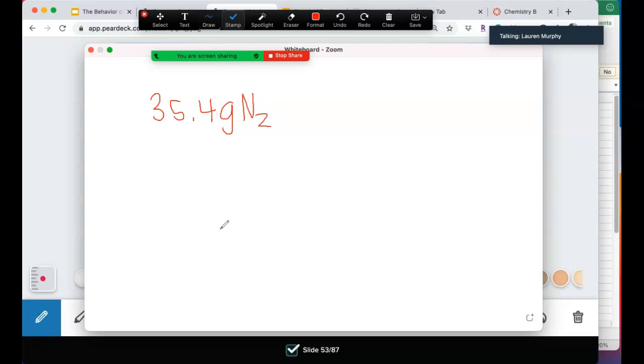Remember, it's a diatomic. And you go look on the periodic table. Each nitrogen is 14.01, and there's two of them. So 28.02 grams for every 1 mole. That will give me moles that I can then plug into PV equals nRT. So it's a little bit extra work.